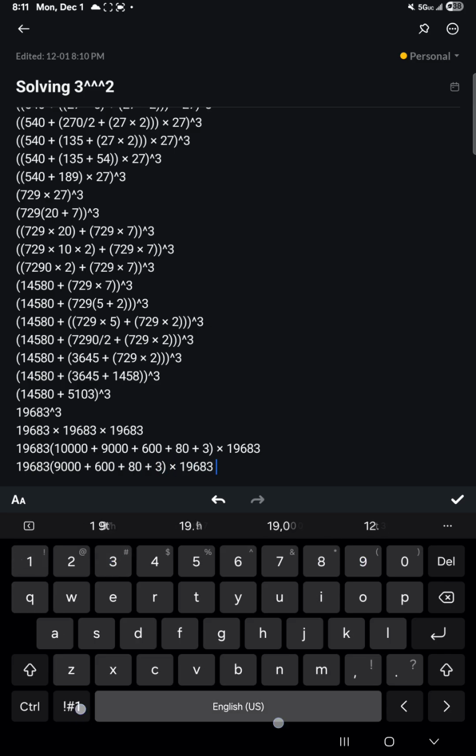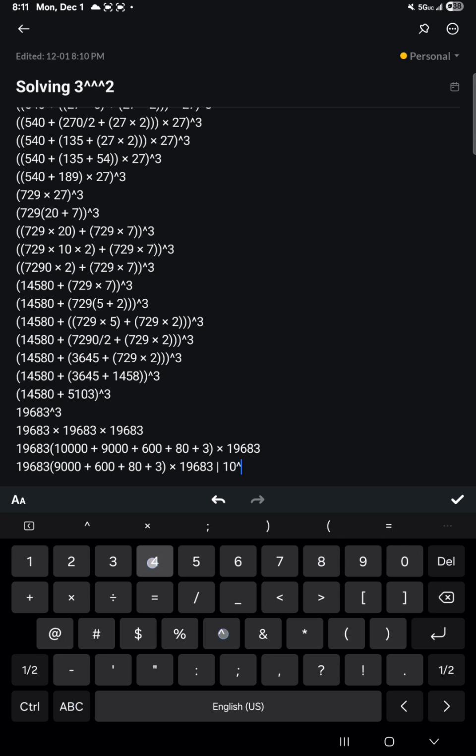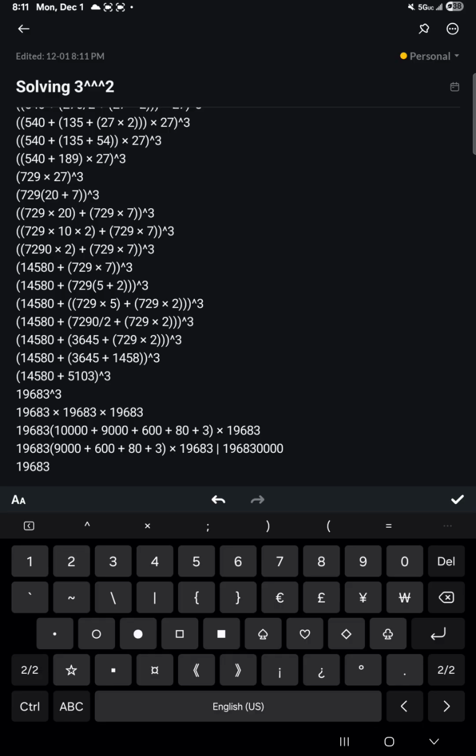Now you want to know what I figured out about 10,000? 10,000 is just 10 to the power 4, which is the same as adding 4 zeros to the end. So I figured that 19683 just becomes this. Now let's factor out 9,000.